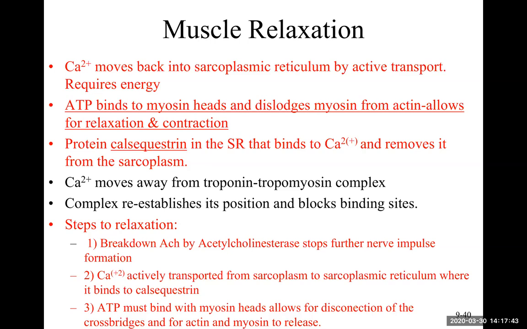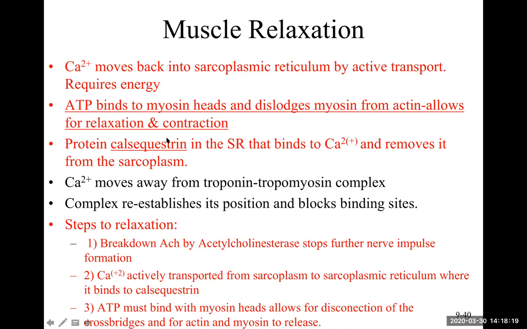So there's those two parts, electrical and mechanical. Calcium links both of them. So that's why calcium is so important. Now, what else do we see? For muscles to relax, you need brand new ATP to bind to the myosin head. Once it does, fresh ATP allows myosin and actin to dislocate from each other. As it does so, then we can relax or we can contract again, depending on if calcium's available.